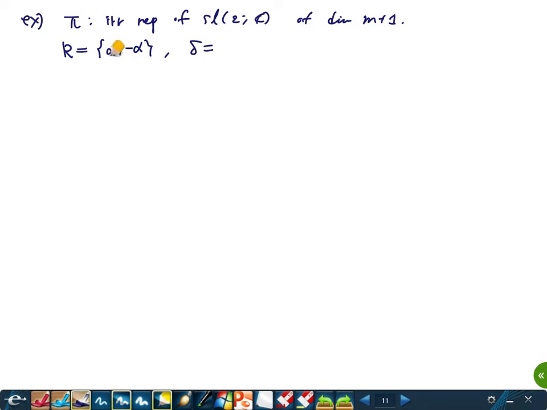This is, of course, the only positive root, so delta will be half alpha. And let's take alpha, h alpha is 2, right? So h alpha is, in fact, in our usual notation, it should be this, just to indicate that this is the root and this is the co-root.